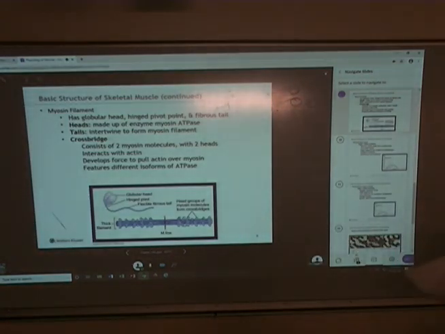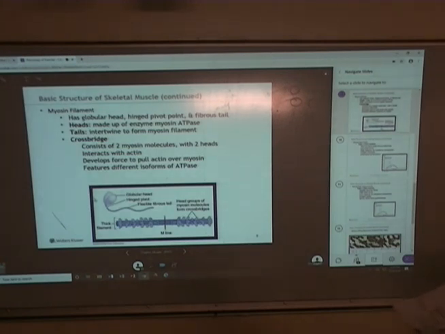So think back to, we've got this receptor site on actin, and under certain circumstances, the head of the myosin can attach to that receptor site on the actin, right? And then the head can move because it's got this hinge joint. Okay?